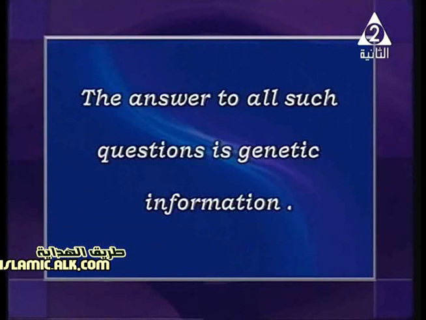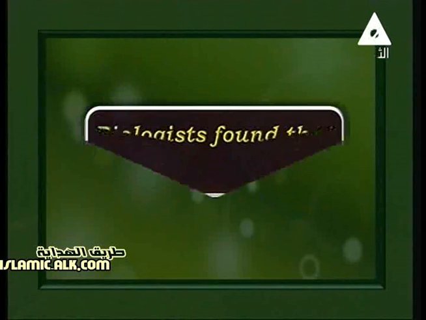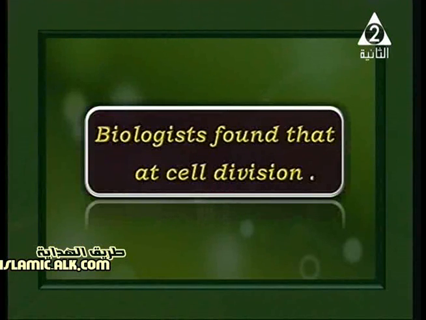Today we're going to answer all these questions from our lesson, which is genetic information, and also the units of genetic information that govern or control the inherited characters, which are called genes. Starting to learn more about our lesson.